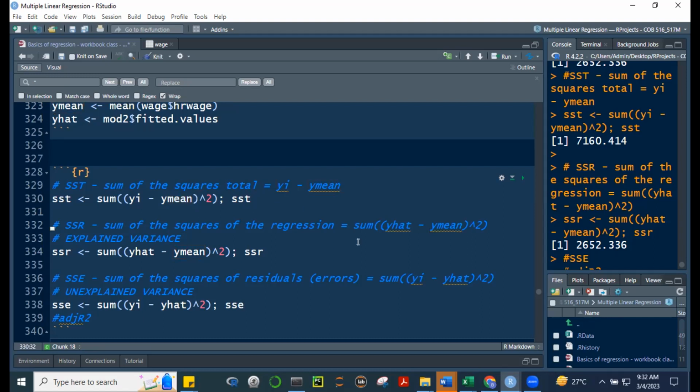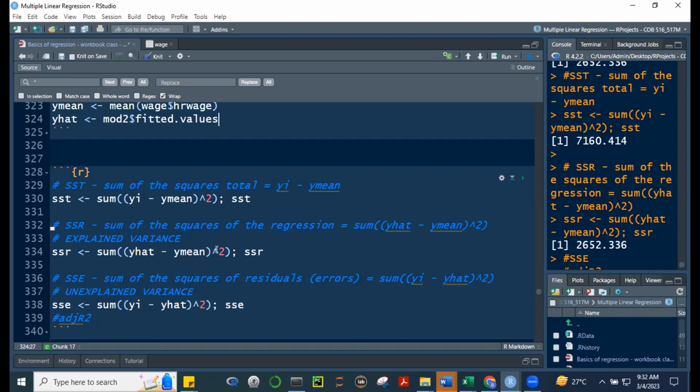Okay. All right, next. We used a model. We used model 2, which is using education rates, etc., to generate a fitted model. And the fitted model, our predicted model, is coming from model 2 dollar fitted values. So these are our predicted values. So we get the difference between the predicted value y hat minus the average. Okay. So in other words, we're not using the average anymore as our model.